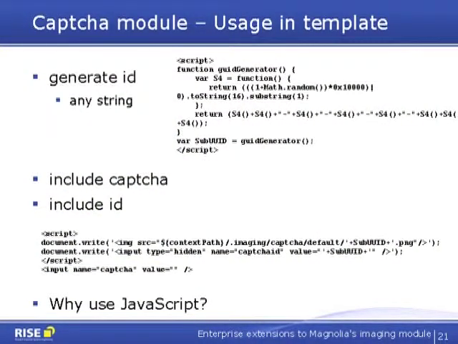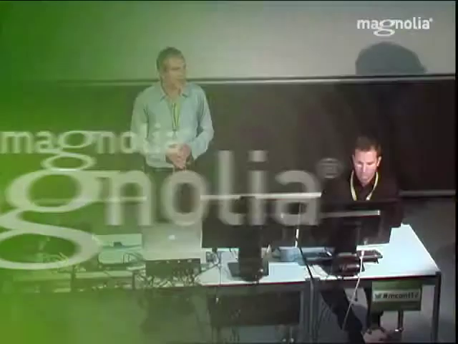So how might you use this in your templates? Of course, you need a template with a web form in it that displays the captcha image and provides an input field for entering the text that the user thinks he sees in that image. You also have to provide a hidden field in that form which contains the ID for the captcha.